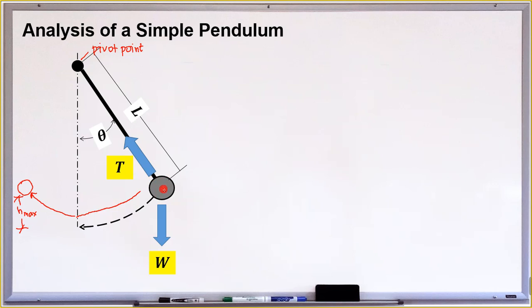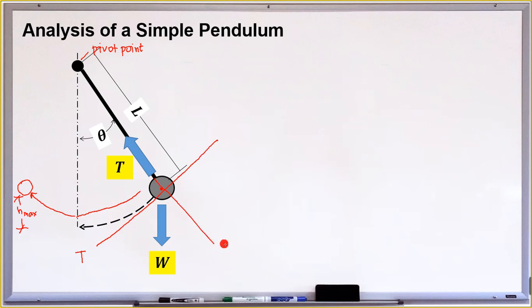So in analyzing this, we first need to define the given axes. Let's start with the tangential axis. Since the path is curved, the tangential axis is tangent to it. So this is our t, and our normal axis is perpendicular to the curved path at this point.